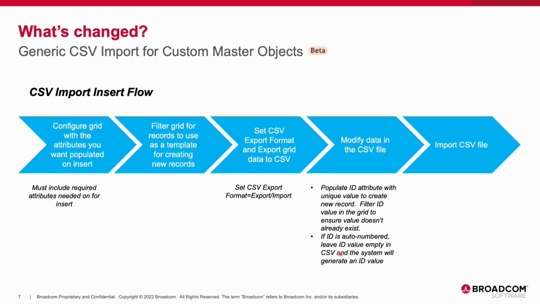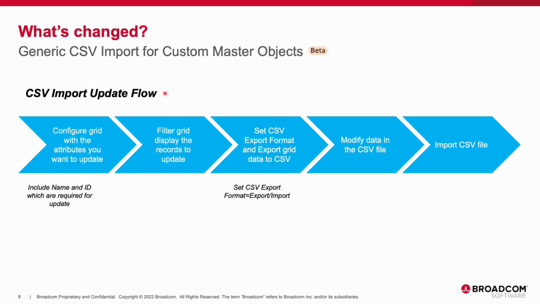Make sure the ID is unique and doesn't already exist, because if you're using an existing ID, then this will be an update versus an insert. And if on your system you have the ID auto-numbered, just keep the value blank in your CSV, and the system will generate the ID for you. Once you have your CSV done, you import the CSV.